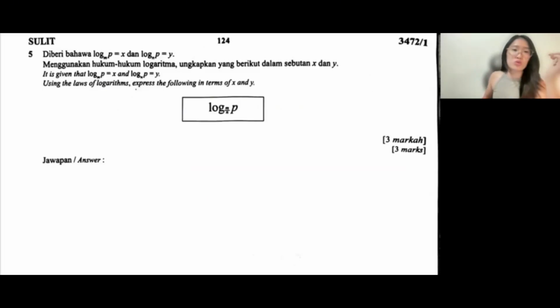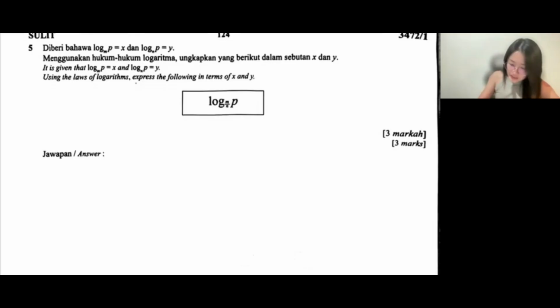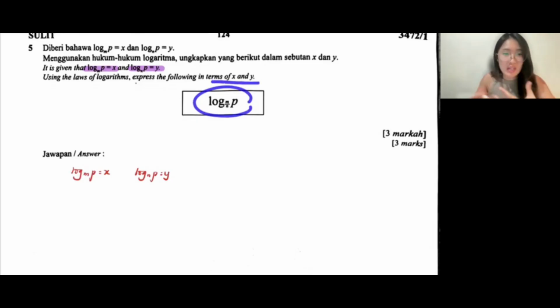Okay, let's go to the next question. This is question 5. It is given that information over here, log base m of p equals x, log base n of p equals y. We have two pieces of information over here, but the information is having two different bases, isn't it? Log base m over n of p equals 1. Then we need to express this in terms of x and y, meaning your answer has x and also y, correct?